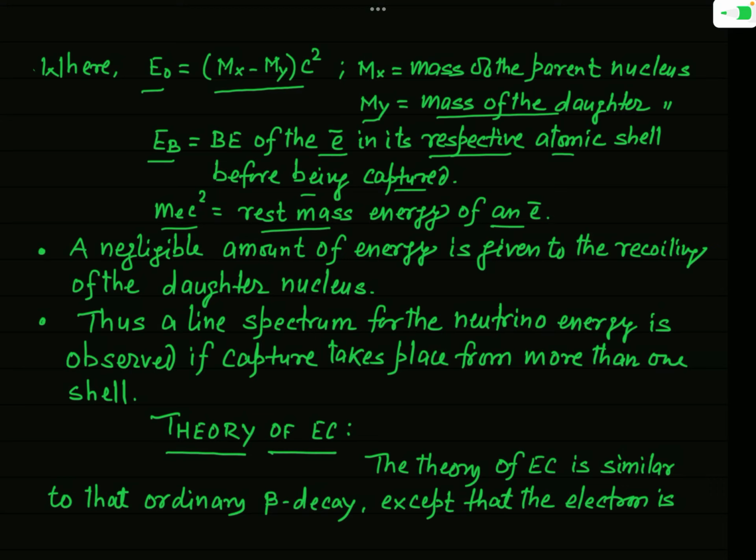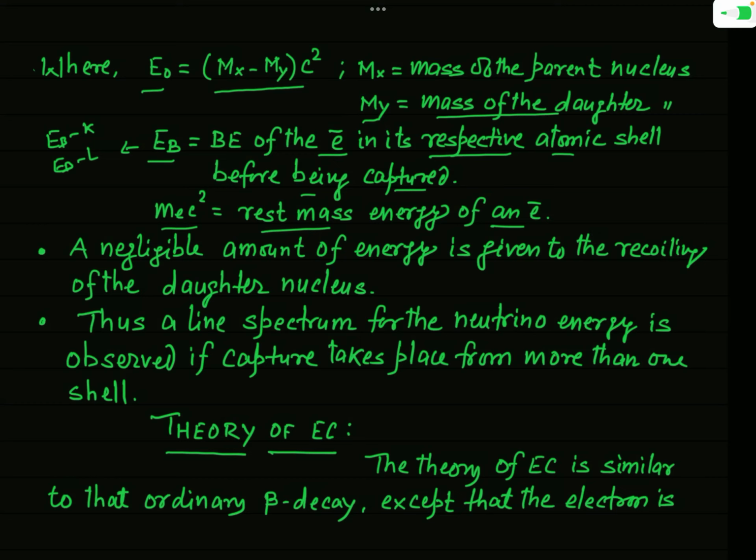As you know, this E_B will be different for different cells. E_B will be highest for the K cell, because the binding energy corresponding to the K cell is highest, and this E_B will be relatively smaller for the L capture. So this E_B is different for the capture of electron from different cells.